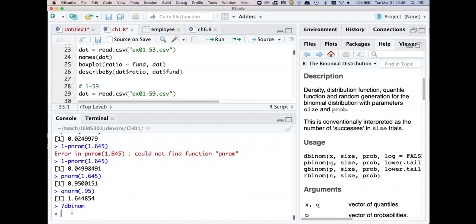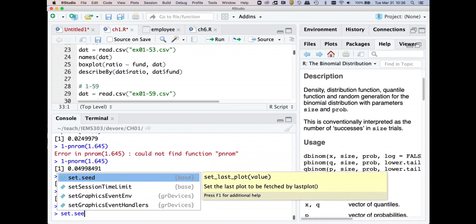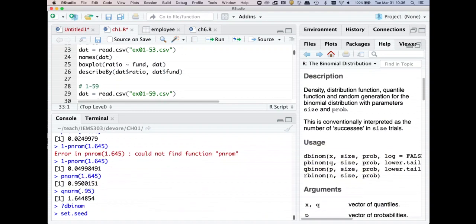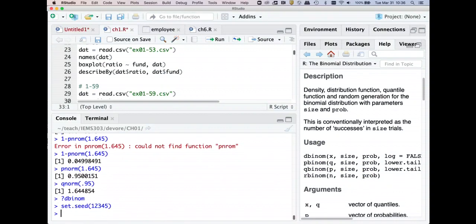So I'm going to set my seed. If you set the seed, you will get exactly the same random numbers as me. I'm going to set it to my favorite seed, which is 1, 2, 3, 4, 5. So you should go set your seed. Now let's type rnorm, for normal random variables.